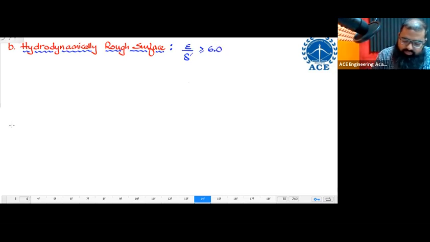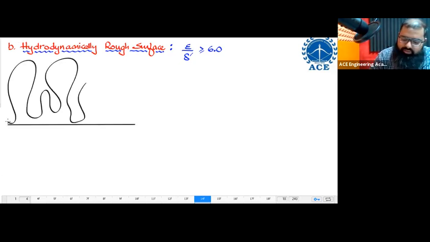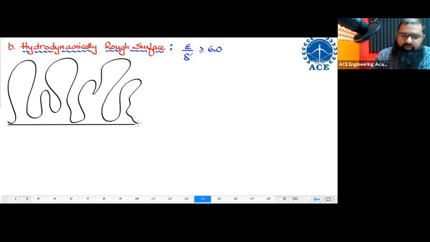So imagine you are having a wall. Let us say surface roughness is something like this. I'm drawing a very magnified view. Delta prime is something like this. Now you see, surface roughness is easily coming in contact with turbulent flow.